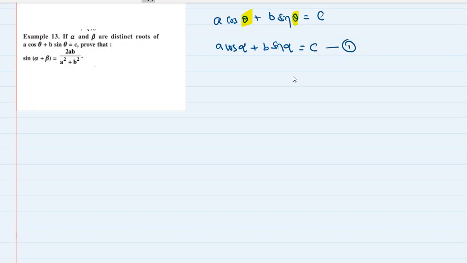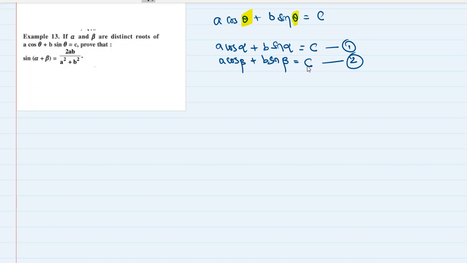The second equation will be a cos beta plus b sin beta is equal to c, equation number 2.